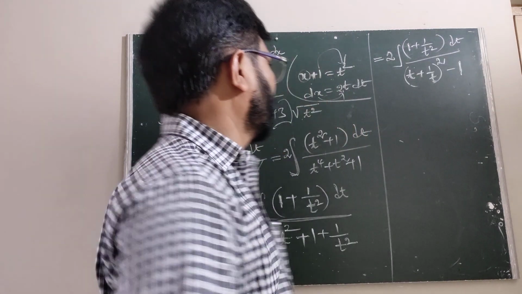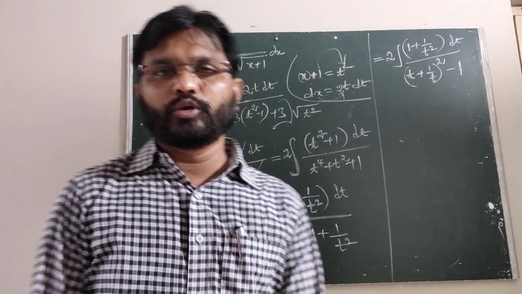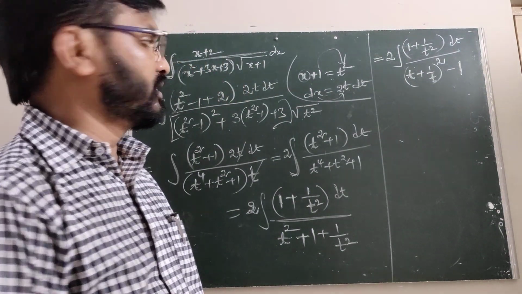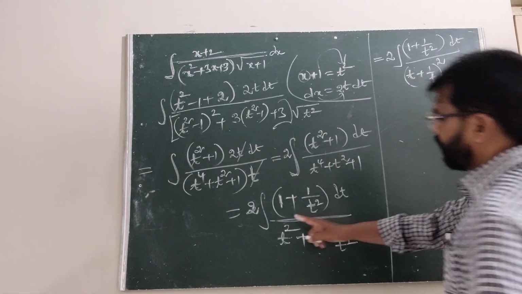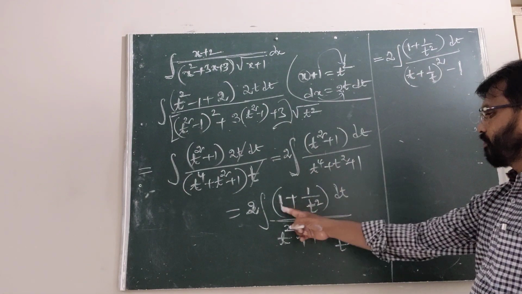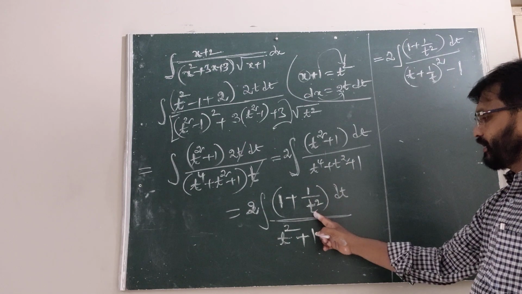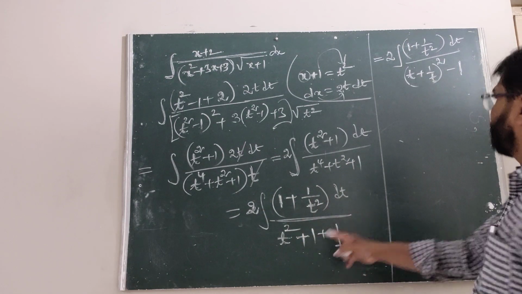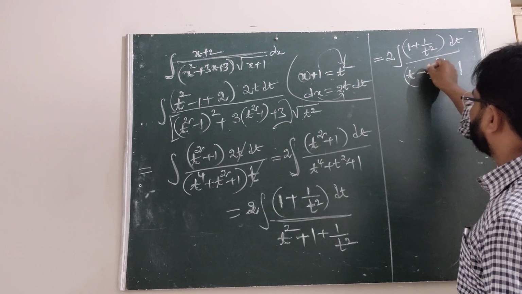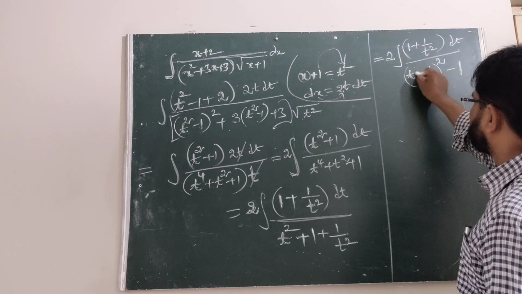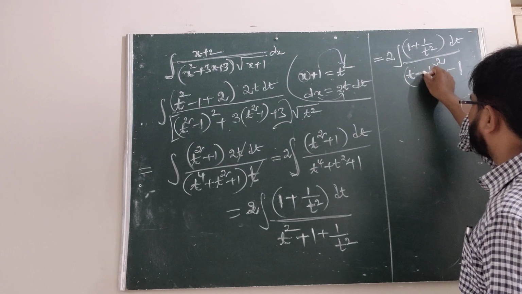Therefore, now here in the 10th type we know that a small mistake is there. What is the mistake? Undoubtedly when we divide by t square, t square by t square is 1, and this is 1 by t square. When the numerator is plus, undoubtedly we take the minus.